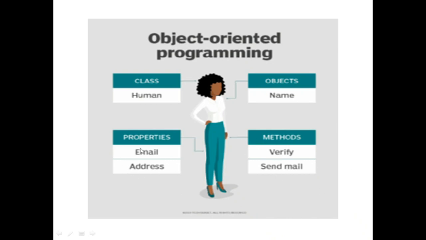So the address will be used by the verify method, and email will be used by the send mail method. Okay, so properties and methods will combinedly form a class, and these two things will then be used by the prototype of the class called objects.